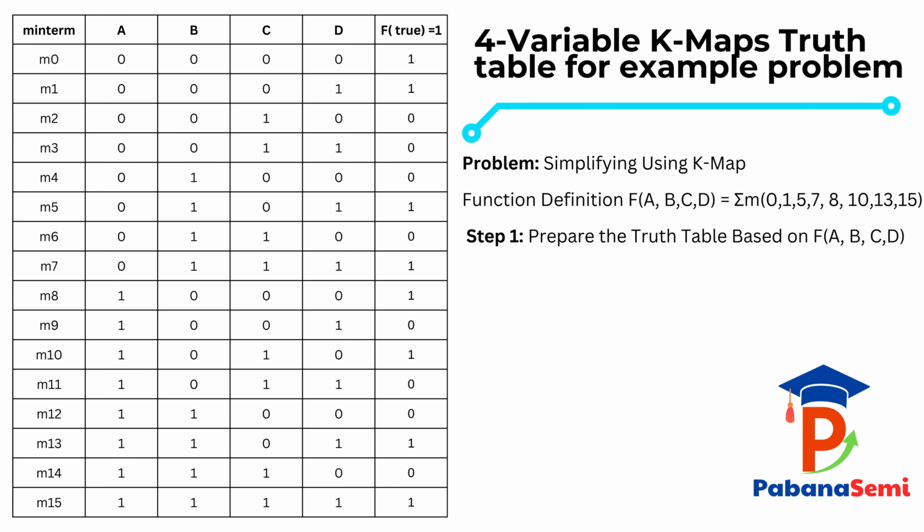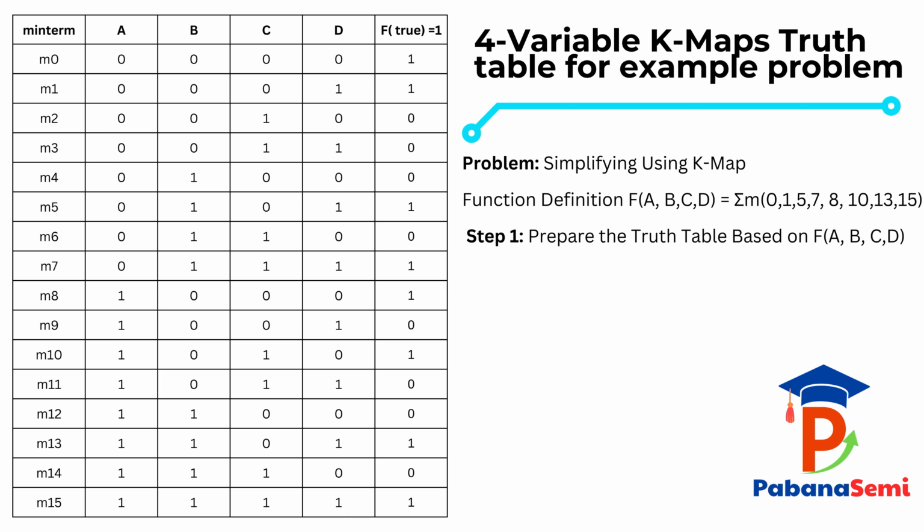Understanding the truth table. Each row in this table represents one unique combination of inputs, A, B, C, and D, and the corresponding output value f. This table clearly identifies where the output is true and where the output is false. Why is this step absolutely crucial?